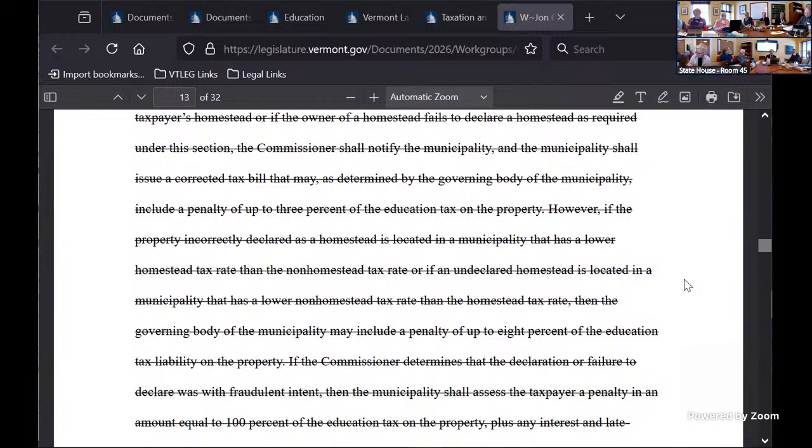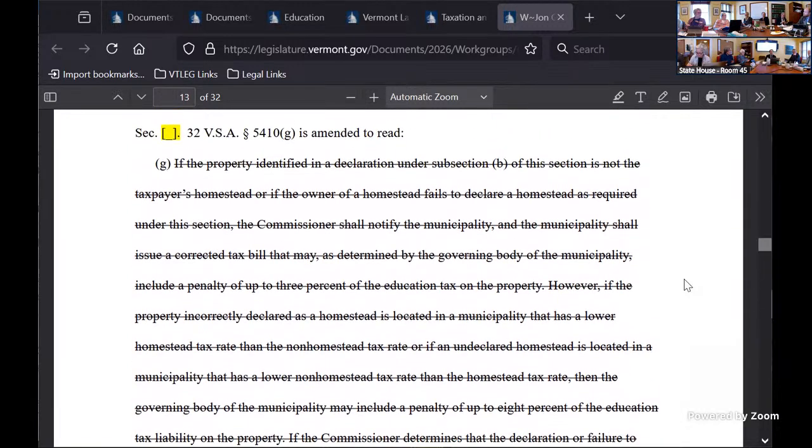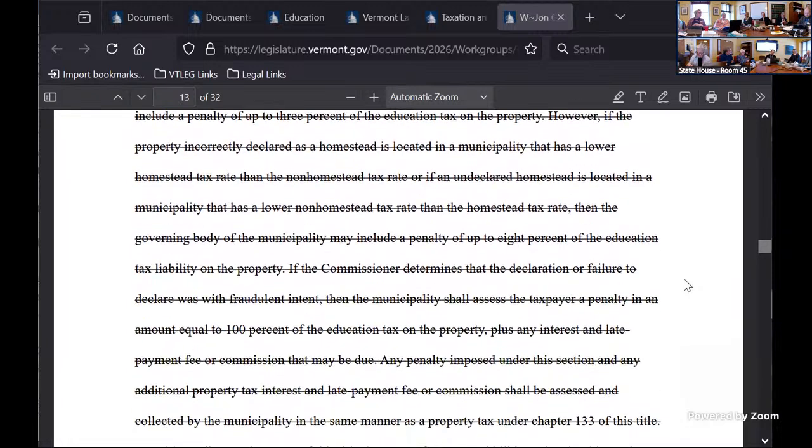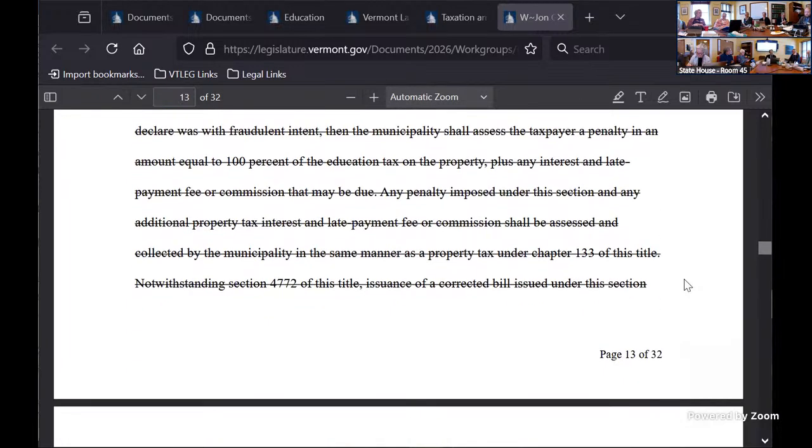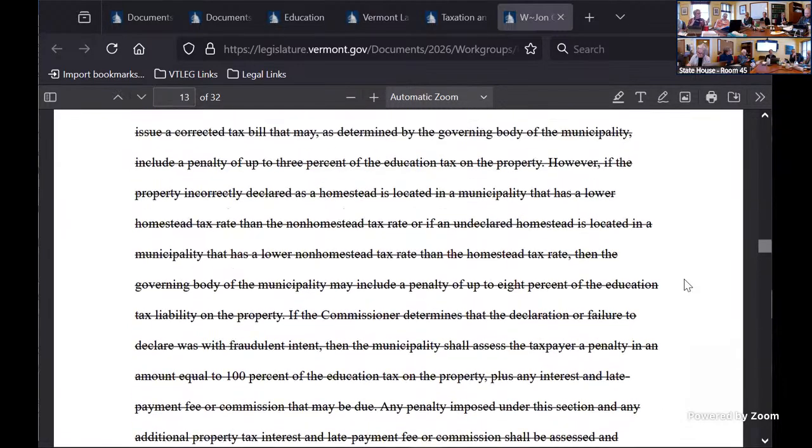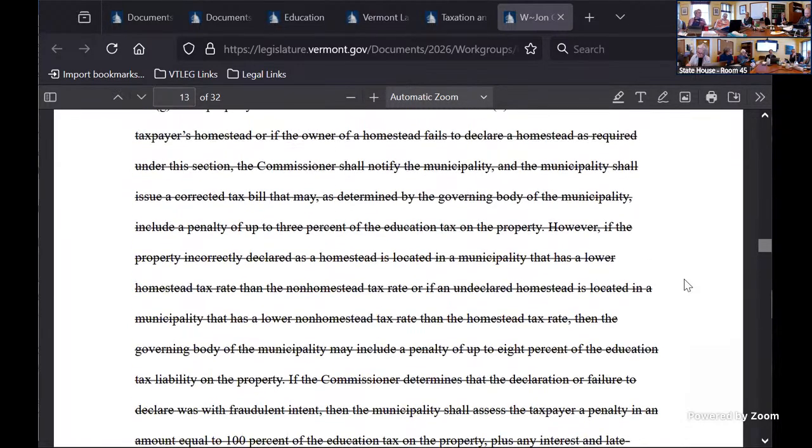And someone remember to ask the tax department if they've ever used that penalty. Thanks. Okay. I'm trying to remember. It used to happen. I don't remember this ever being implemented against anybody, but people made an honest mistake. They didn't know they had to either declare or not. And I think we've taken a lot of testimony about the honest mistakes.